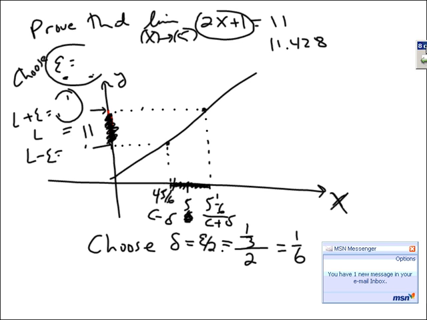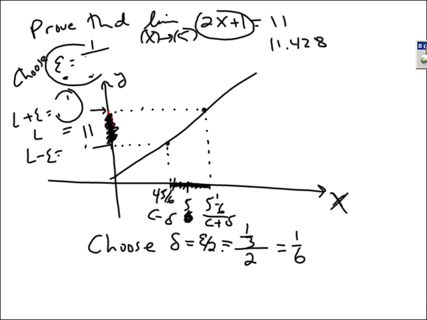Let epsilon be 1/1,000,000. Very small. So here we're going to have 11 minus a small number, and here we're going to have 11 plus this small number, a millionth. No promises I put the right number of zeros. So we're really close to 11.